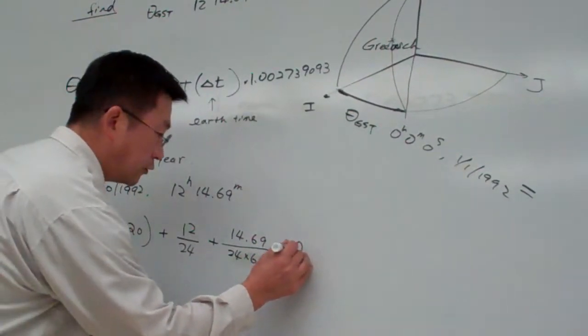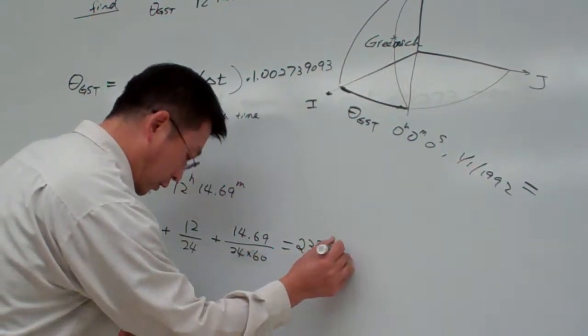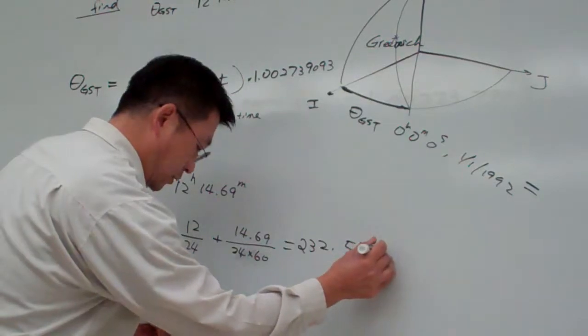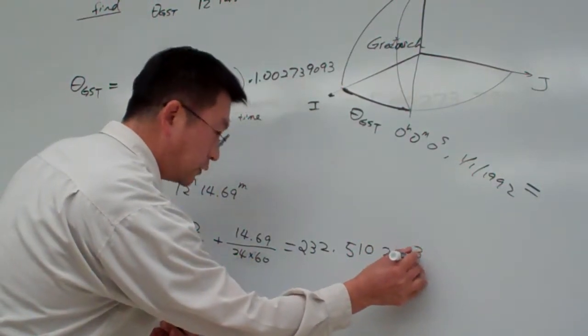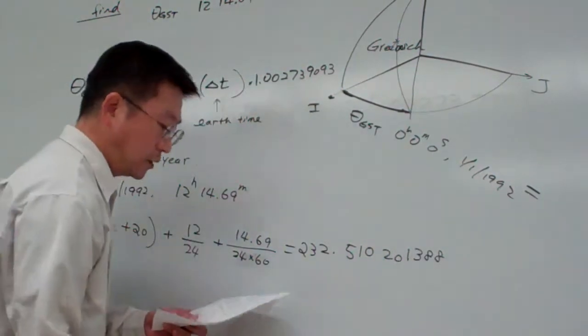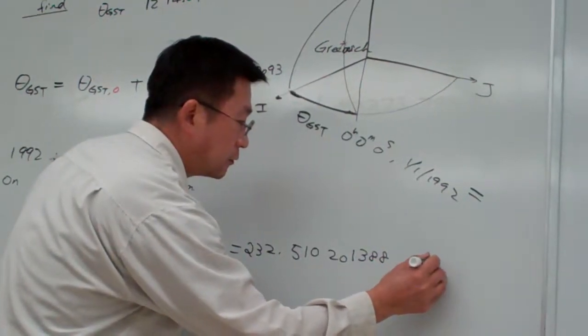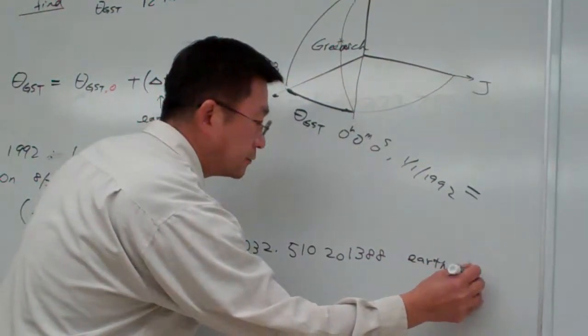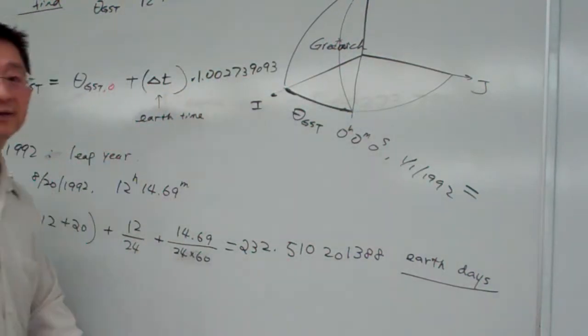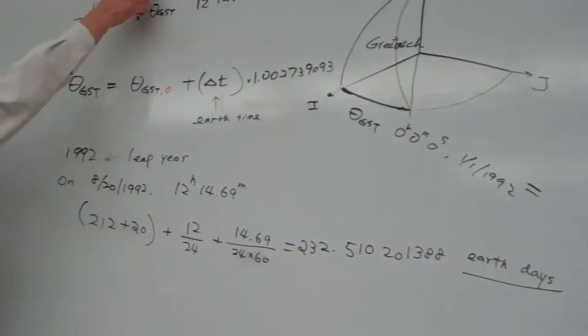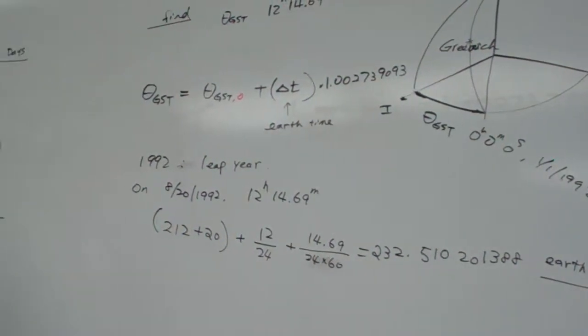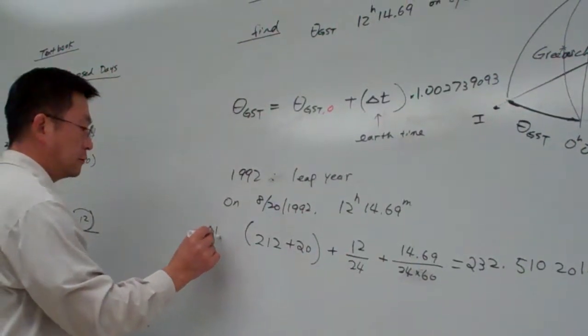So this one is 232.510201388 Earth days passed from the beginning of this reference point. So this is our delta T.